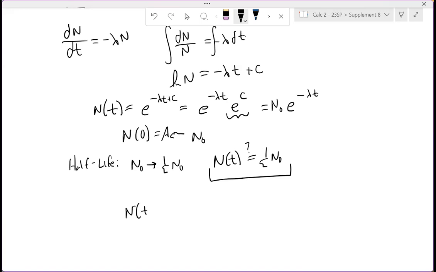So N of t on one hand is N naught e to the negative lambda t. And on the other hand, I want to know, when is that equal to 1/2 N naught? I see that the N naughts divide out.